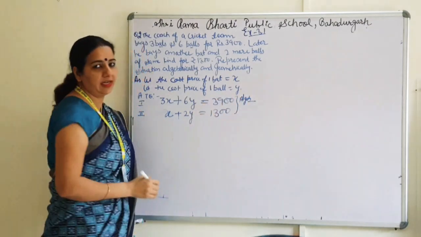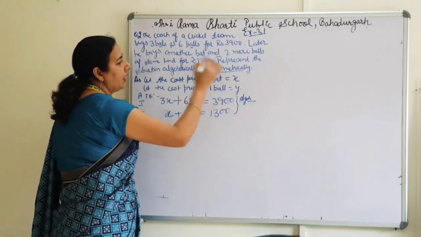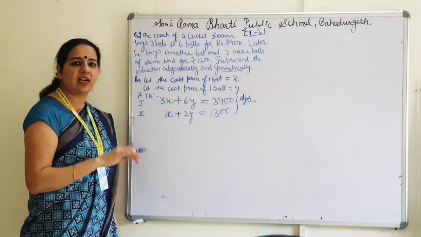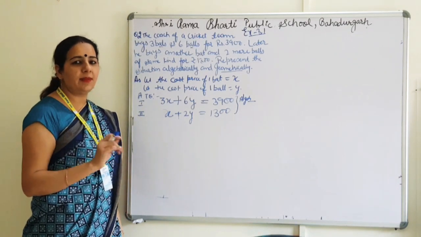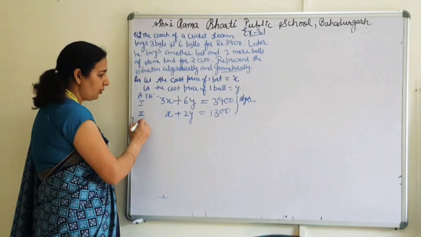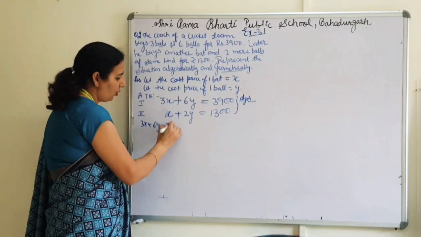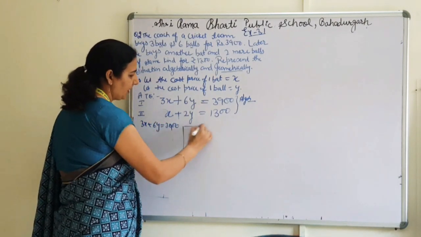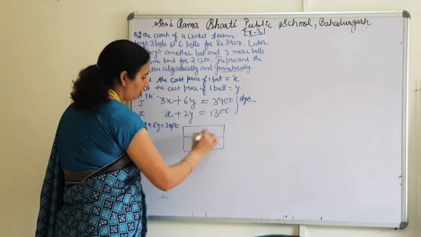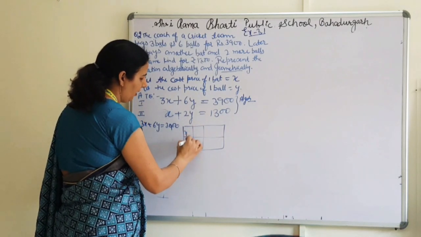Now the second is geometrical representation. Geometrical means graphical. Geometrical and graphical, they both are the same. For graphical representation, let me calculate two solutions of this equation, x and y.